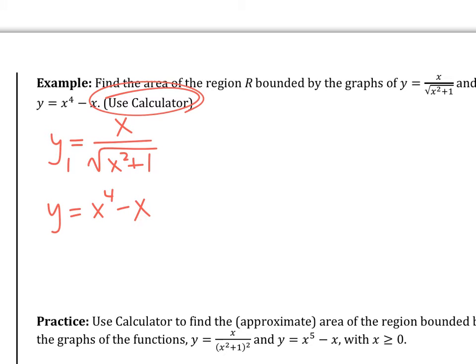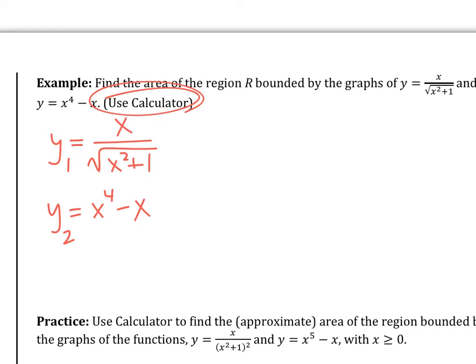So maybe make this y1, make this y2. And yesterday I showed you how to write fractions on your calculator. That way you don't have to go through a lot of parentheses. If you want me to show you the fraction button again, I can. Okay, so graph those two. There are 2 points where they intersect, and actually, no, this one doesn't switch over.